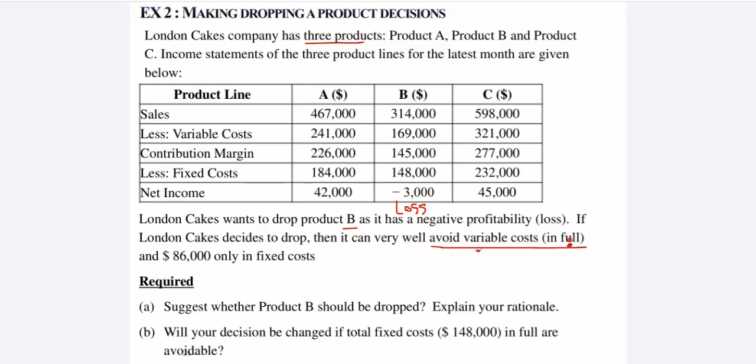If we close or cancel this product, we will save the variable cost, we will not pay the variable cost. And by default all variable cost, if he didn't mention it in the exercise, will be considered what? Avoidable cost. What does avoidable mean? I can avoid, I can save. I can avoid it, I can save it. So we call this avoidable cost.